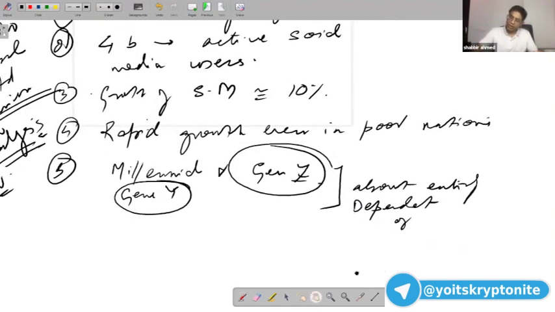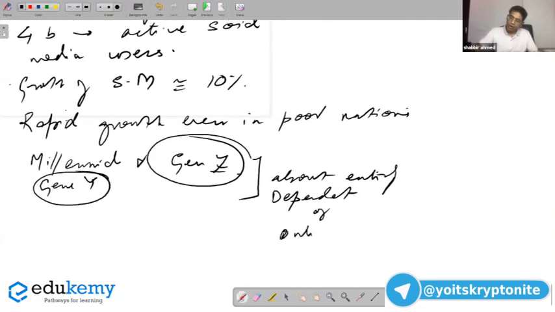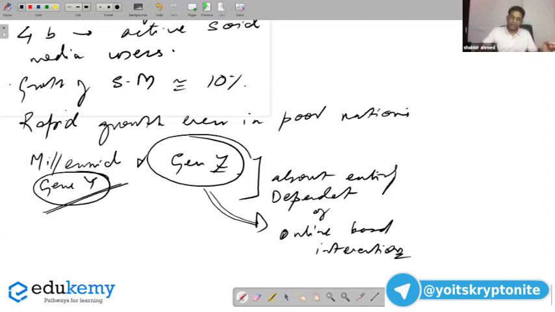Just remember this: Generation Y is early 1990s, Generation Z those born towards the later 1990s. They're almost entirely dependent on online based interactions.